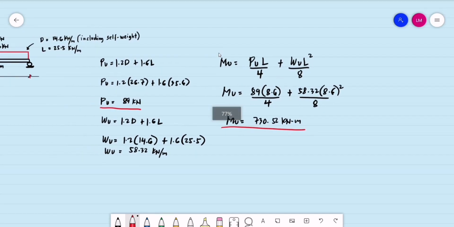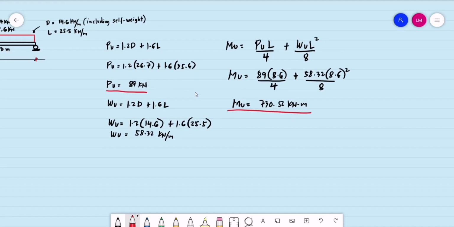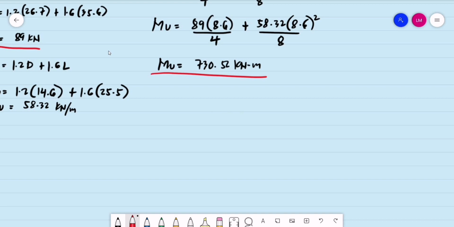Now how do we decide which section will be used? Let us first assume that our beam will be under zone 1, but we need to check this later.